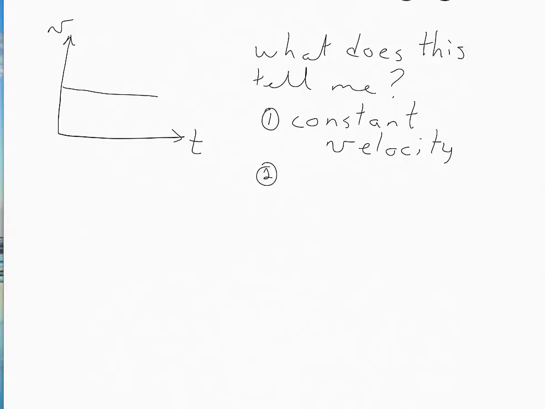So if it's a positive value, then this object is moving away from the origin. And that gives us a good clue, because there's one other really cool thing that we can find out from this graph that you probably haven't thought of yet.